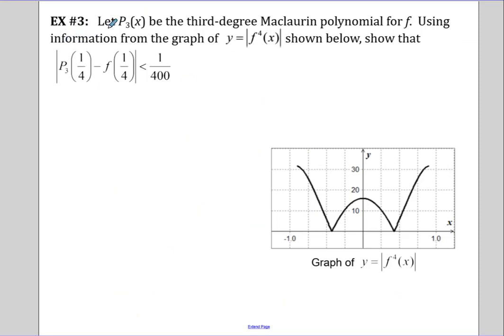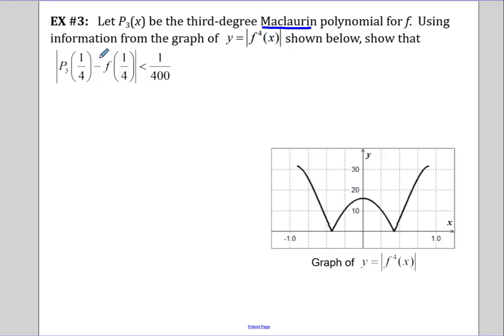In example 3, we're going to let the polynomial be a 3rd degree Maclaurin polynomial. So right now we know the clue that our center is at 0. And we're going to use the information of the graph. And the graph is the 4th derivative.